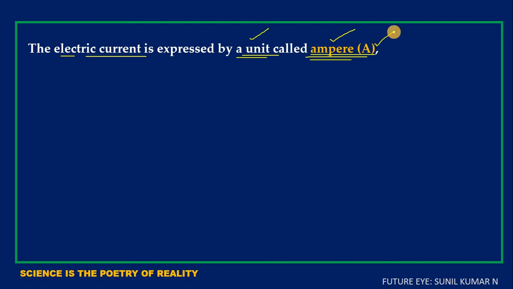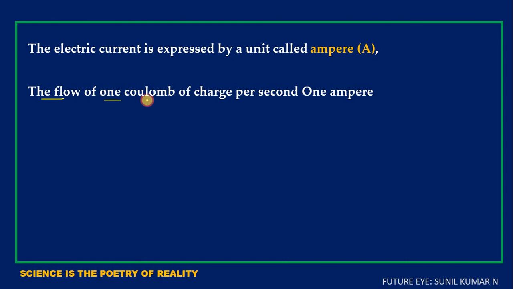It is denoted by capital letter A. And this is very important from the point of view of examination, children. They may ask to define ampere, otherwise define unit of ampere. The flow of 1 coulomb of charge per second is called 1 ampere. Children, here write down 'is called'.